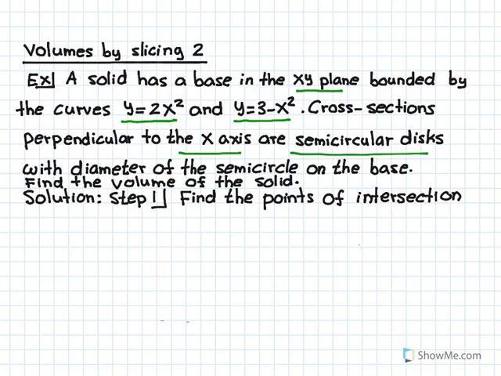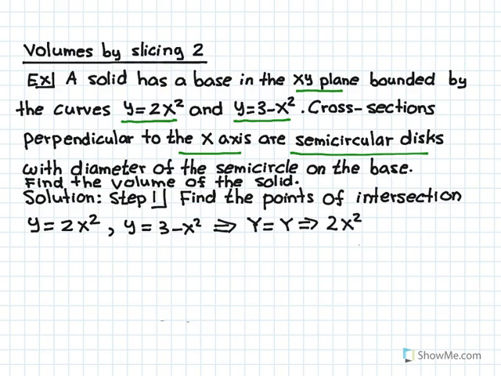The first step is to find the points of intersection of these two curves. We have y equals 2x squared, and we have y is equal to 3 minus x squared. Let's make y equals y and solve for x. So we get 2x squared is equal to 3 minus x squared.